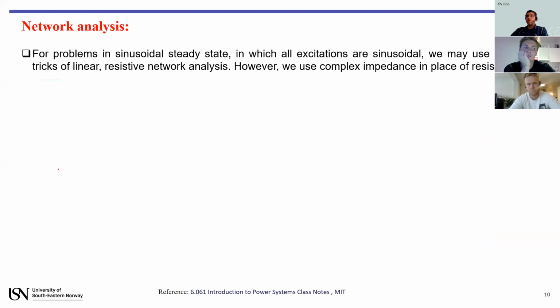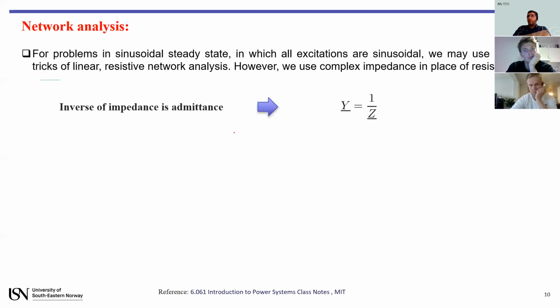And all the tricks you use in circuit evaluation you can use in the power system as well. If the power system is in steady state condition, you can use the same analysis methods. Just in the steady state condition, non-transient.